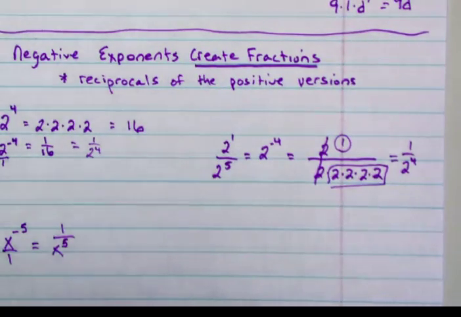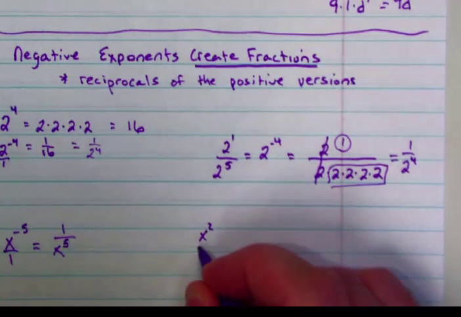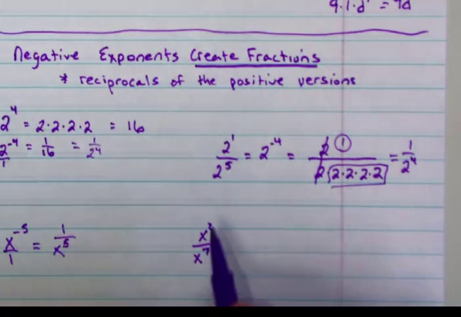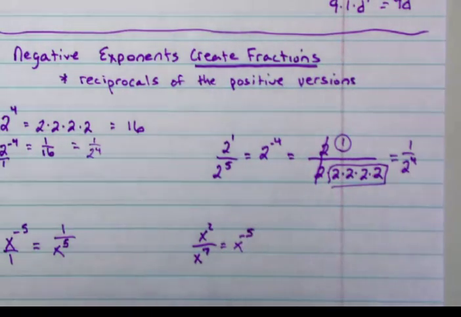Now, of course, like I did before, there are reasons why that is. So think about where x to the negative 5th could come from. Maybe it's x to the 2nd divided by x to the 7th. 2 minus 7 is equal to negative 5, so this could be x to the negative 5th.